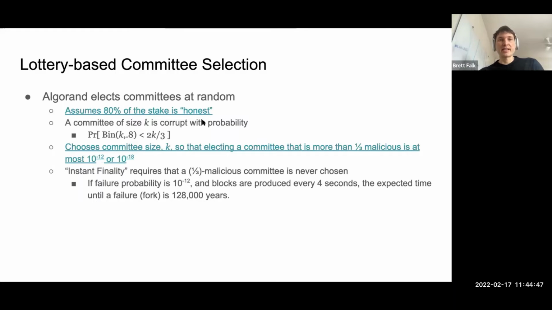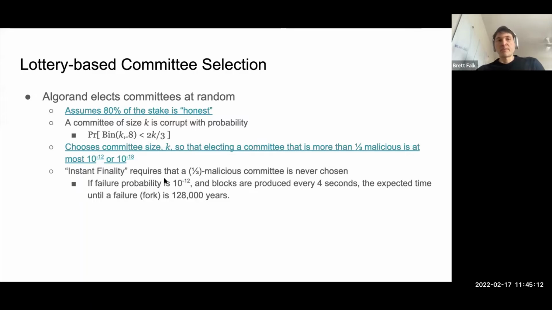And you can calculate this exactly. And they give some suggested parameters in the white paper. They wanted the chance that a malicious committee, a committee that's more than 1/3 dishonest or less than 2/3 honest, is selected to be less than 10 to the minus 12, under the assumption that 80% of the stake is honest.